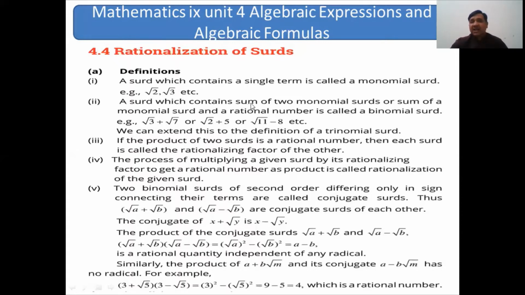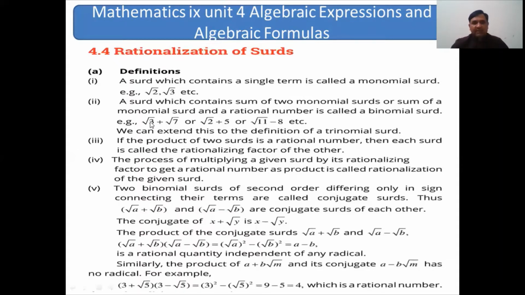A surd containing the sum of two monomial surds, or the sum of a monomial surd and a rational number, is called a binomial surd. So there are two cases. If we have a positive or negative sign between two monomials, then we have a binomial surd, or if we have a monomial surd and the other is a rational number, then that is also a binomial surd.